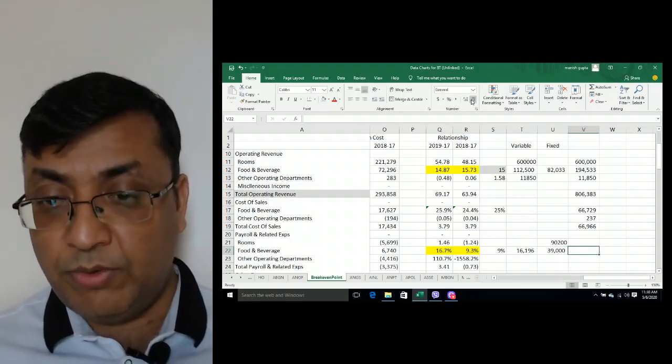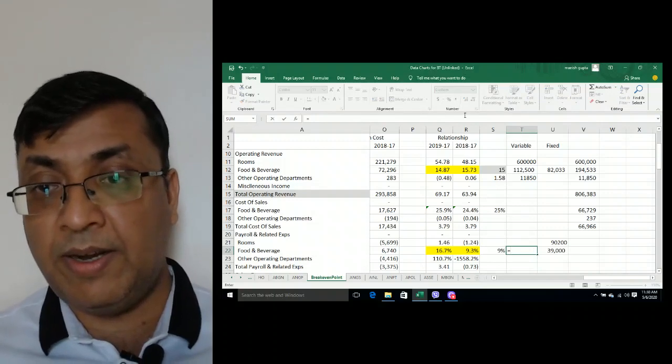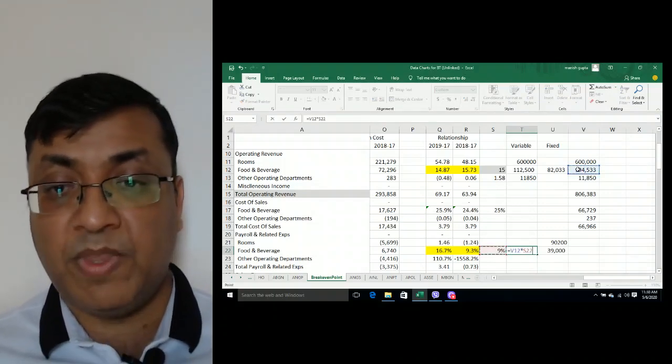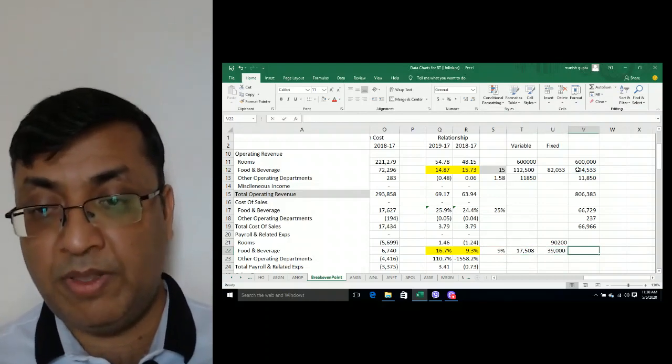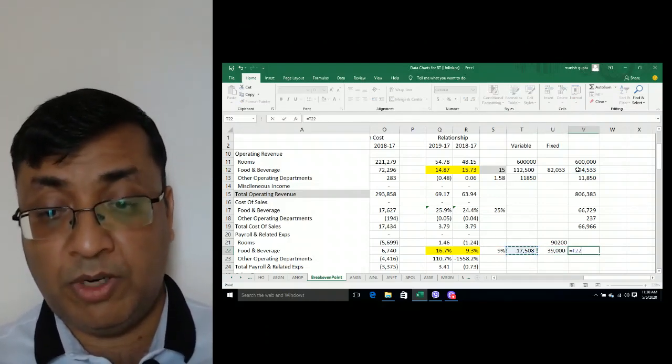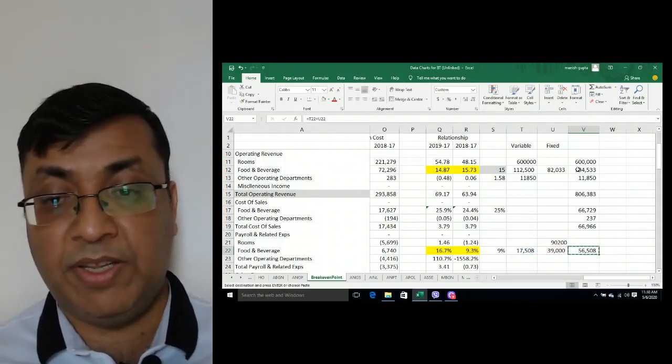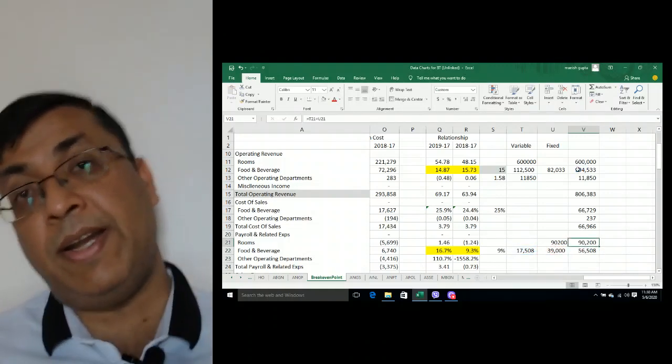So total revenue here we can say is 194,000 multiplied by 9%. So 17,000 will be the variable cost plus 39,000 fixed. So total cost will become 56,000 based on 194,000 revenue.